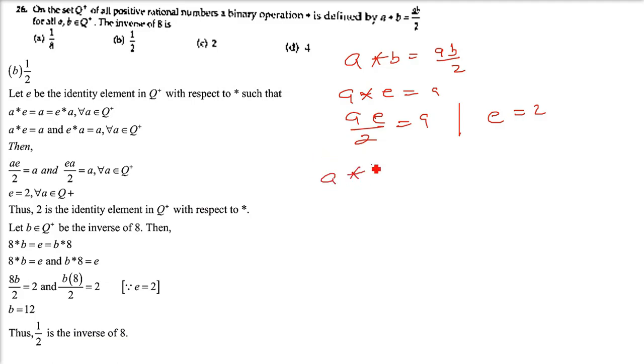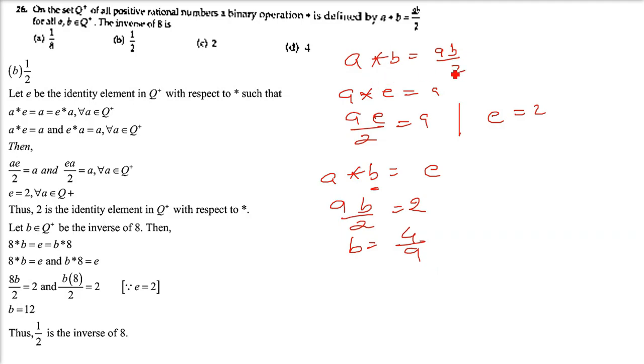Now A star B equals E because B is the inverse of A. AB by 2 equals E, which is 2. Remember, B is the inverse. B is 4 by A. And we have to find out the inverse of what? The value is 8.